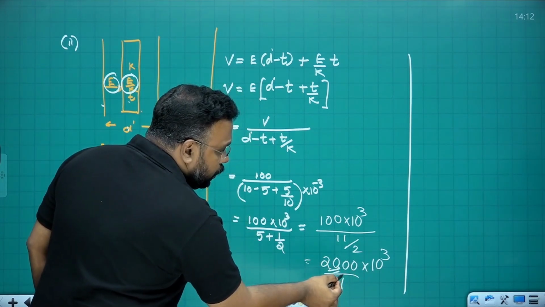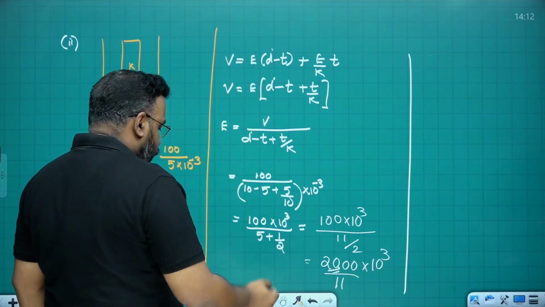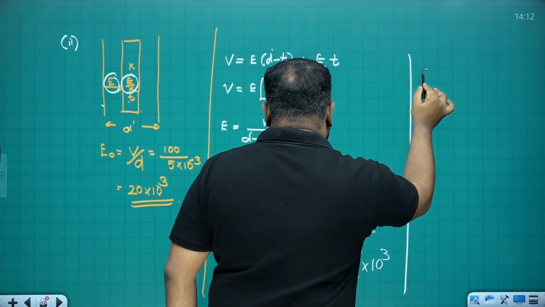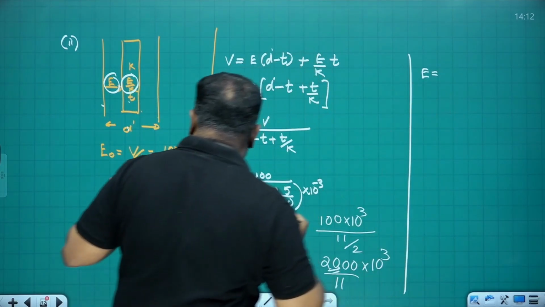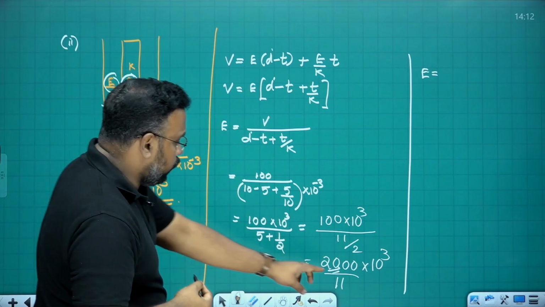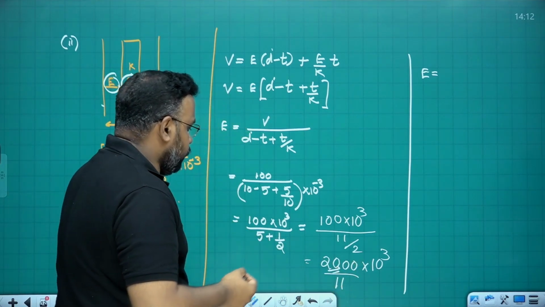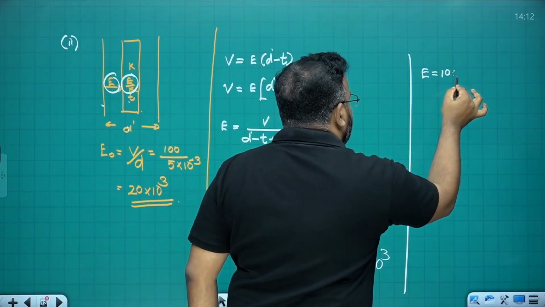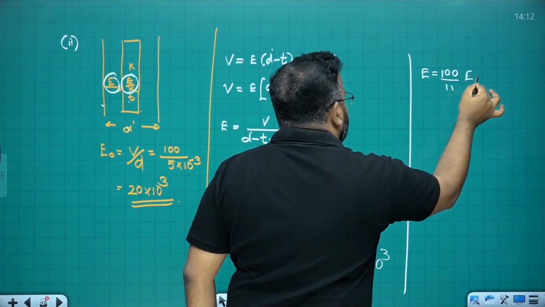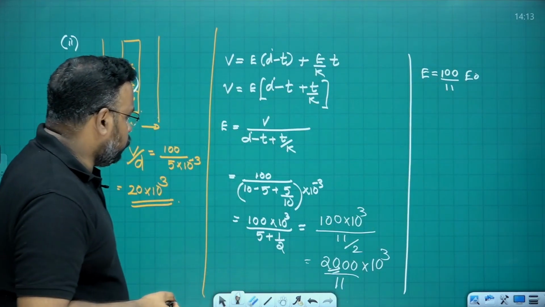The remaining term is 10 by 11. So the new electric field is equal to 10 by 11 of the initial electric field E naught. Yes or no?